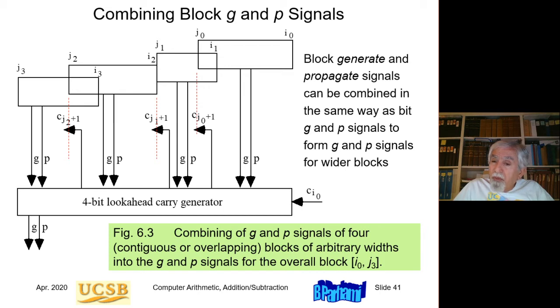Now, each of those blocks has a P and G signal, and there are 4 blocks. If I have the P and G signal for those blocks, and I have CI0, they carry into the first of those blocks, then I can compute the carries into all the other blocks.